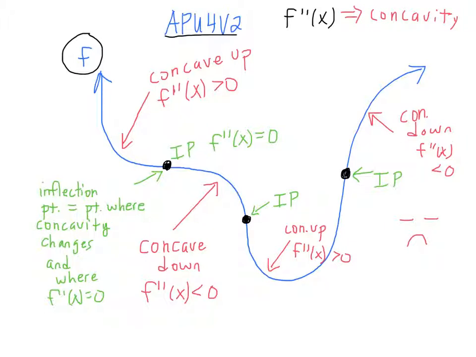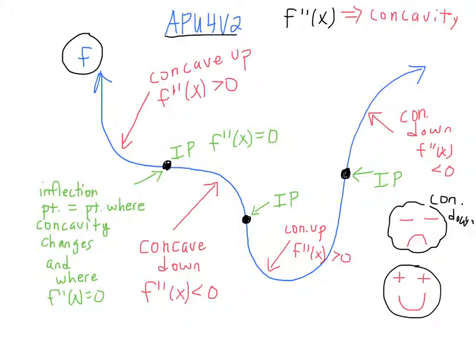If a function is concave up, it has a positive second derivative, and it looks like that. So this is a little visual to help you remember that this face is concave down, and this face is concave up.